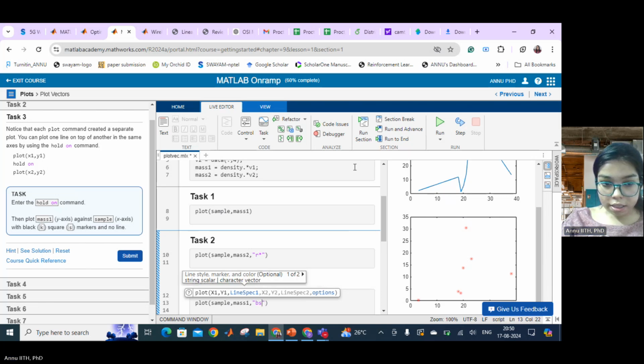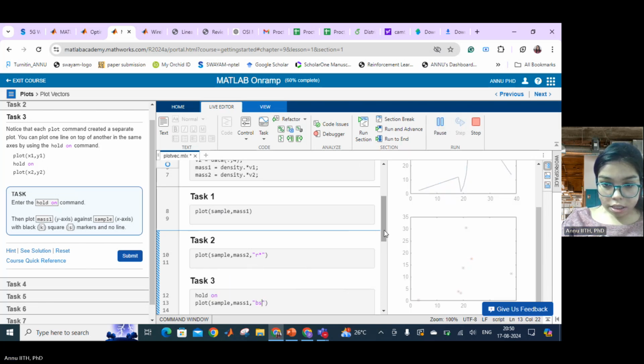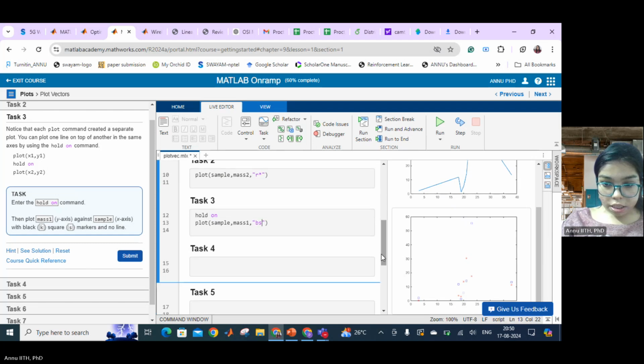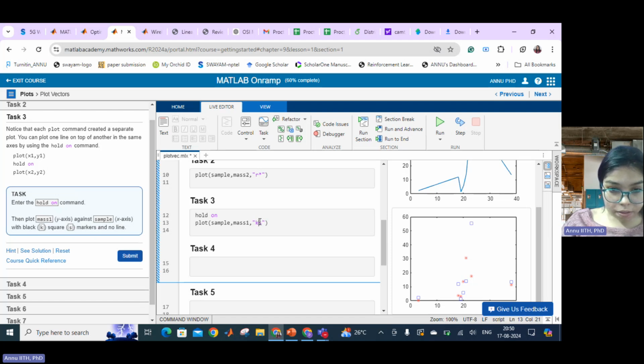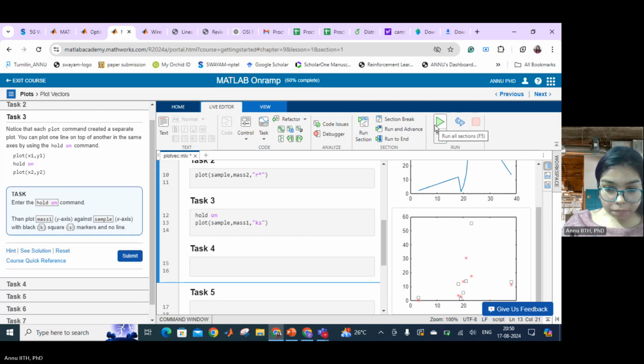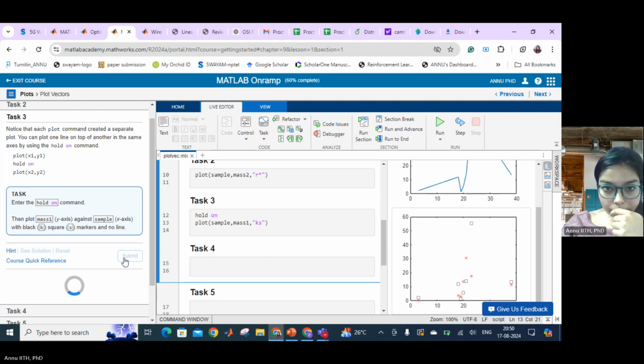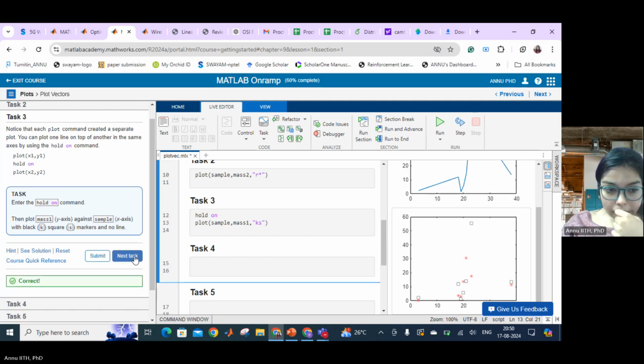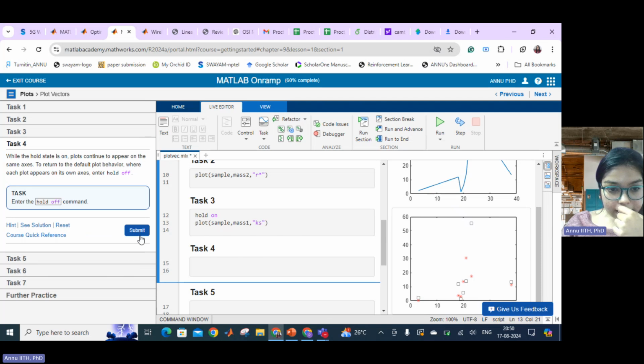Let's see. Black is K, blue is B. So K. Let's submit it. Let's go to the next task.